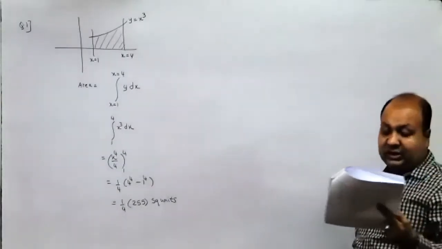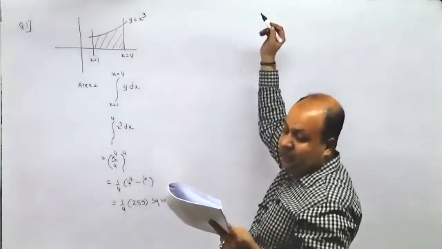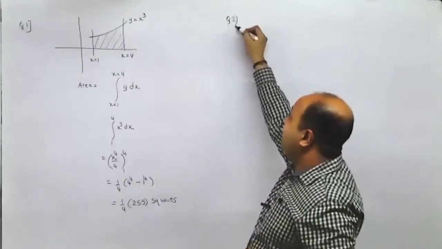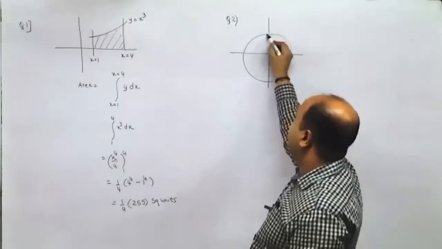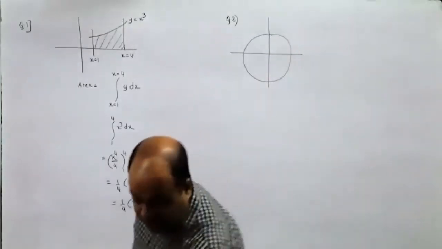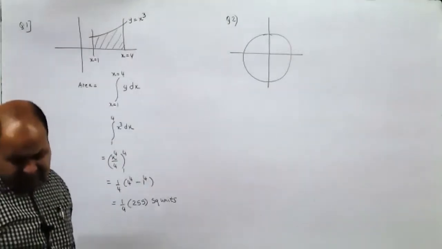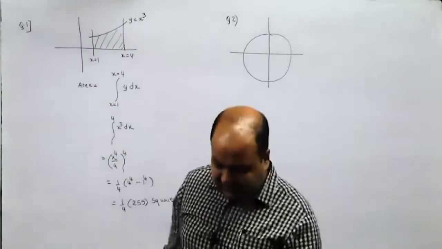Next, using definite integration, area of circle is what? Now, here, when I'm speaking about area of circle, they should have given some radius here.